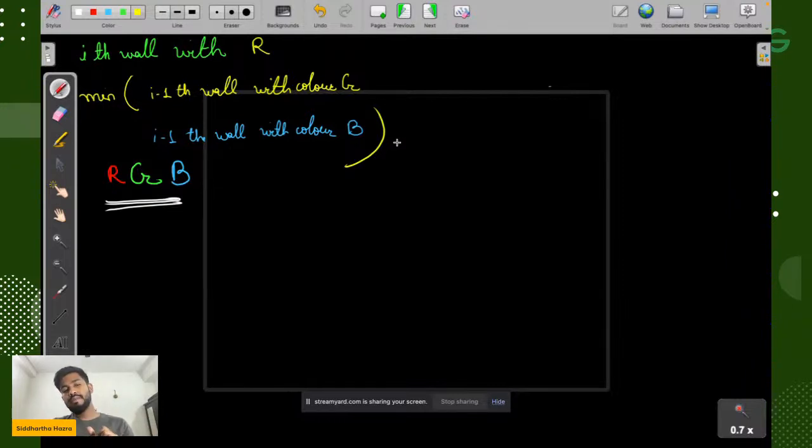Now this problem is the same, but here we are told that instead of just three colors, we have K colors.